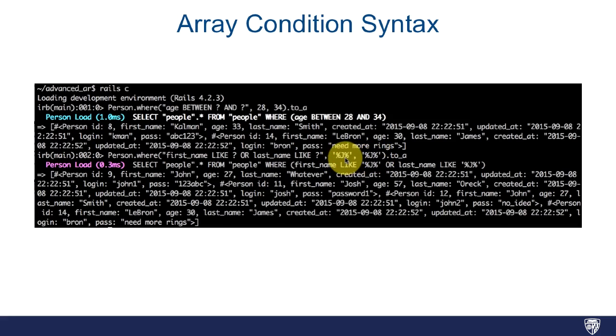It's really the same parameter if you notice here, but the first one is going to go into the first question mark for first name, and the second one is going to go into the second question mark for last name. So you could have your powerful queries, you could have your likes, you could have your betweens, you could have your ors, so you still have the power, and it's immune to SQL injection.